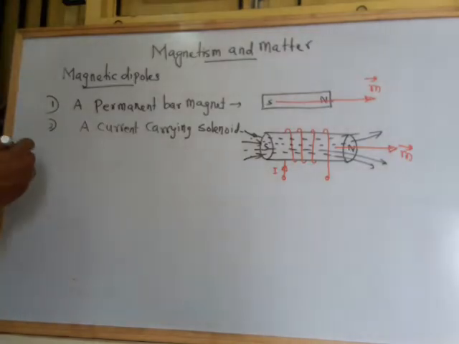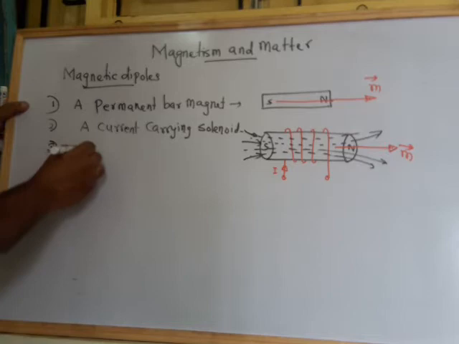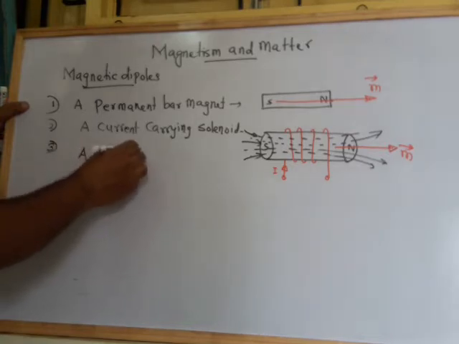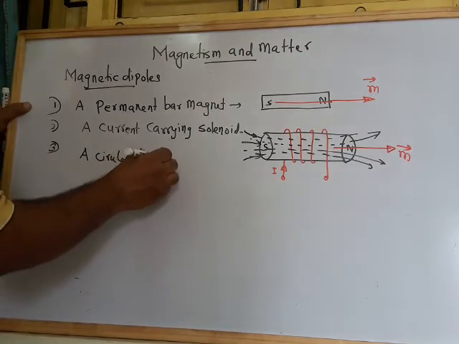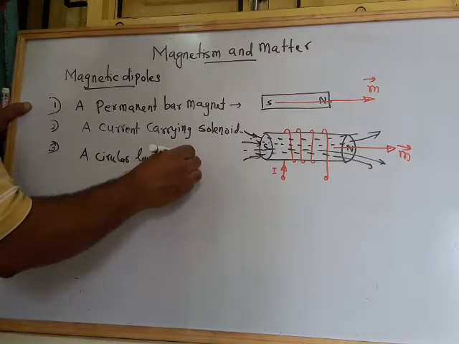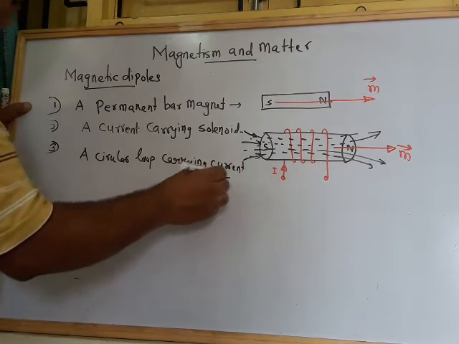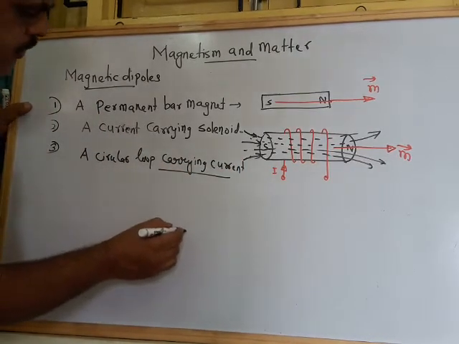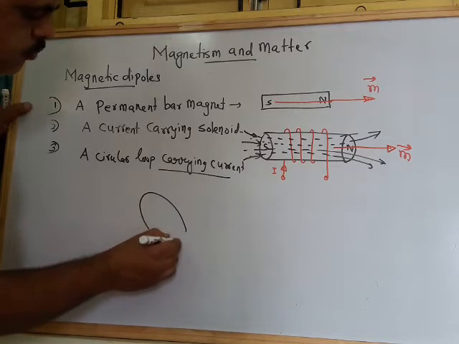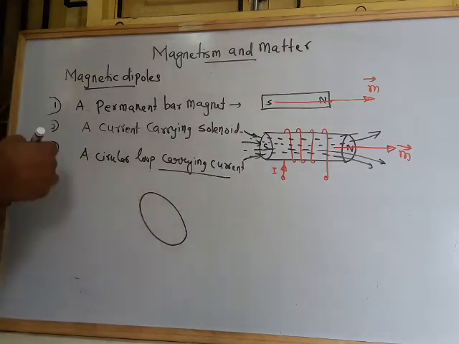In the similar manner, the third one is a circular loop carrying current. You know about the circular loop carrying current. You have a circular loop like this, and it can have many turns.